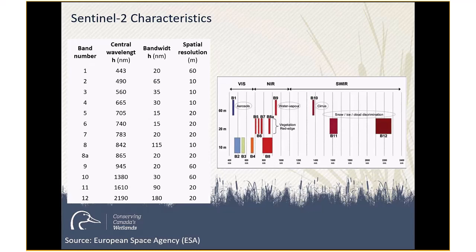Again, it has a high revisit time of 5 days. There's a lot of content available through the ESA, the Copernicus program, so it seemed like a good candidate from that perspective as well. But the cost of free made it really attractive as a platform to test.